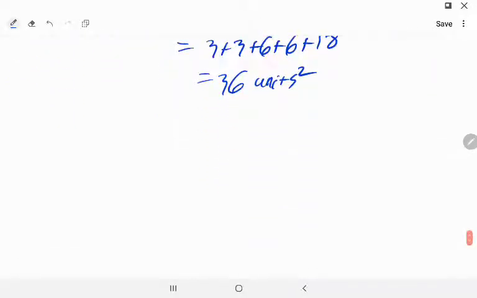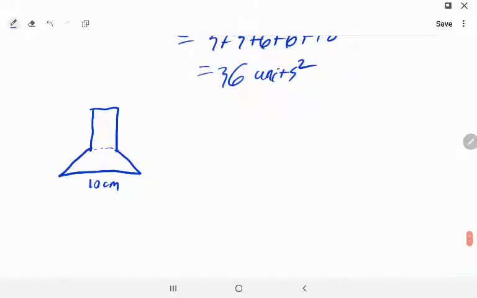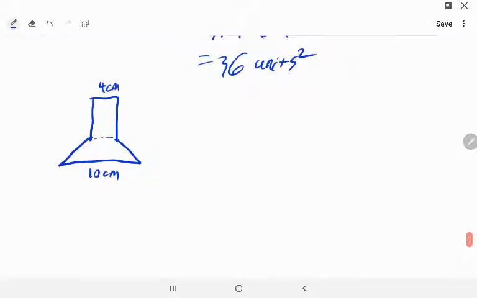Let's try one more of these. If we tried saying a rectangle on top of a trapezoid, and we said that the base of the trapezoid was 10 centimeters, and we know the rectangle is, let's make it 4 centimeters by 5 centimeters.